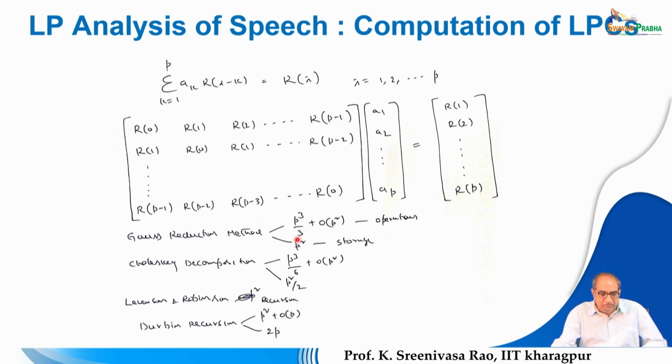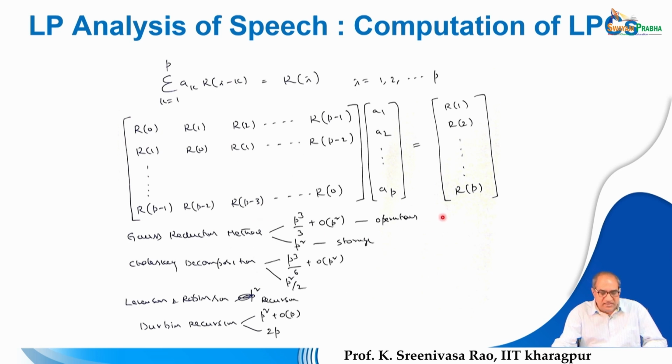For every frame we have to carry out this analysis for estimating the LPCs. So the number of computations that need to be performed will be p cube by 3 plus order of p square, and the storage required will be p square using a normal matrix solution.